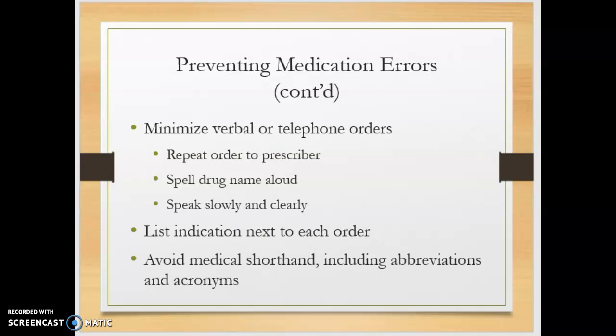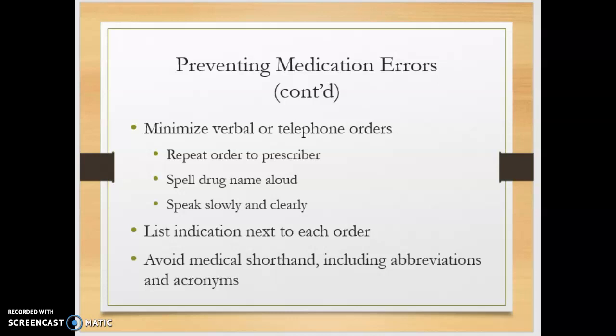Minimize verbal or telephone orders. Another place where errors occur is in transcription of orders. We want to be sure that, first of all, you know your facility policy on who can take telephone orders. When you're required to take telephone orders, be sure that you repeat the order to the prescriber.